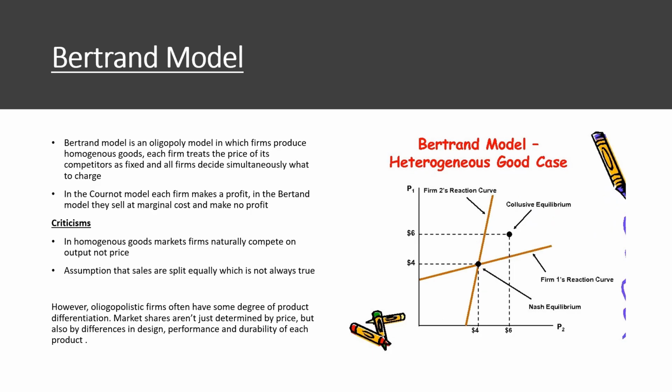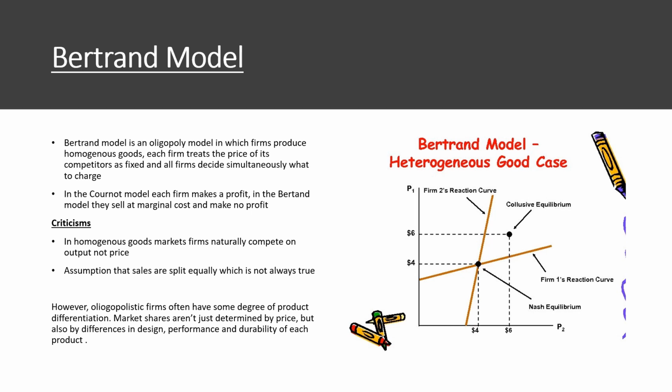The third model of oligopoly is the Bertrand model, which is an oligopoly model in which firms produce homogeneous goods. Each firm treats the price of its competitors as fixed, and all firms decide simultaneously what to charge.